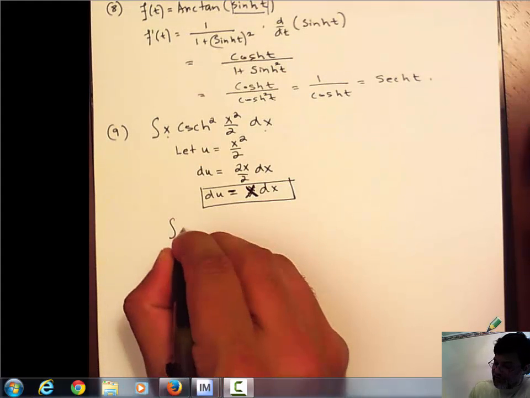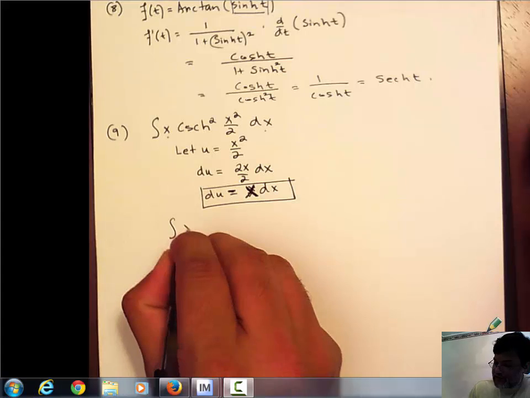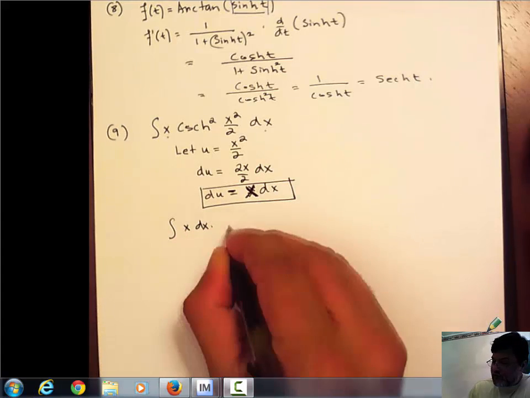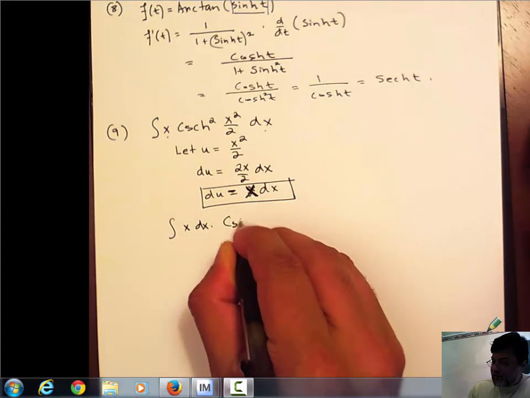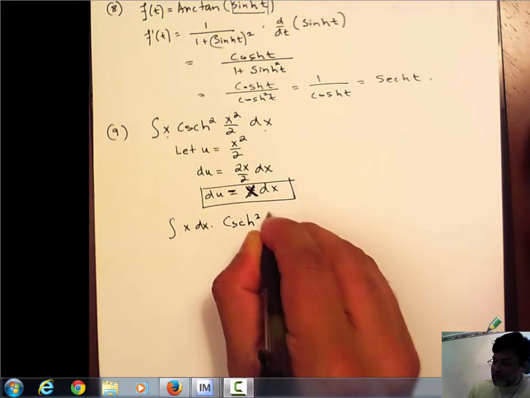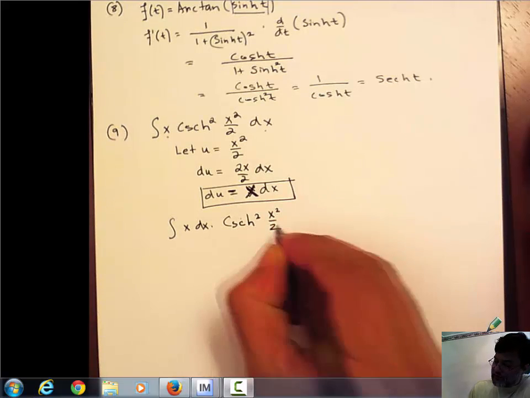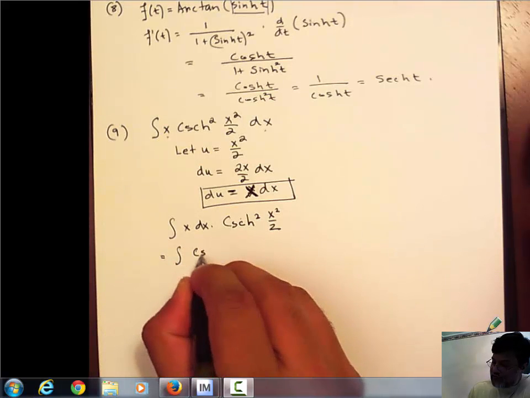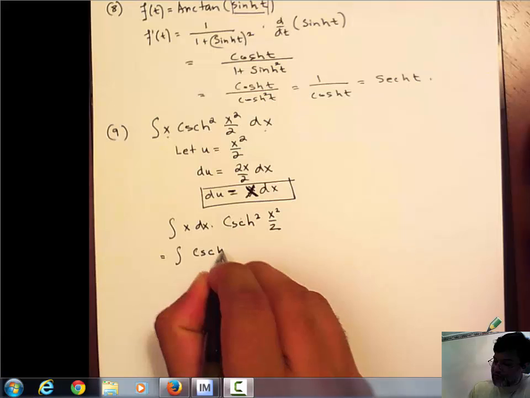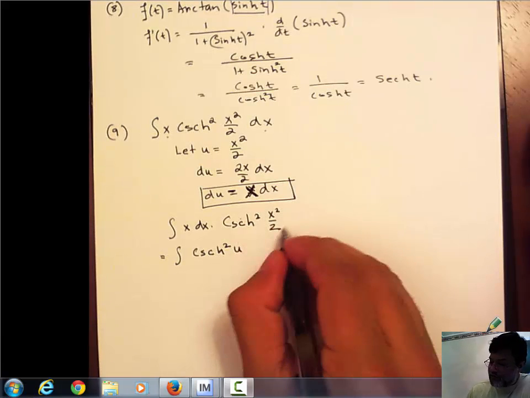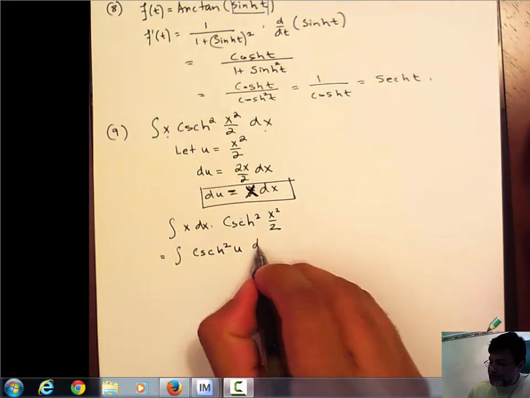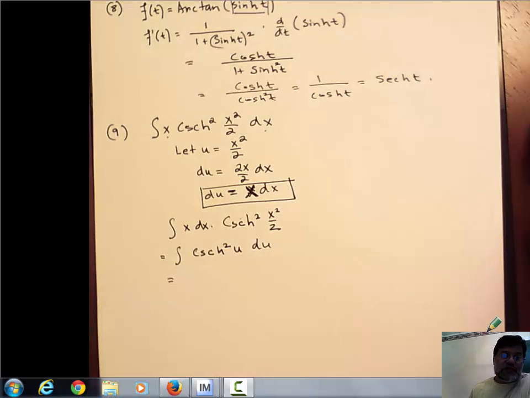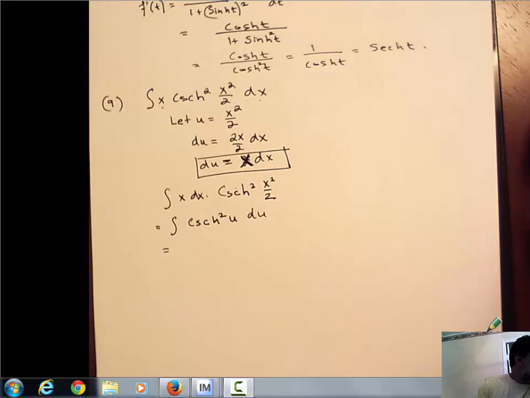So I can go ahead and write x dx together with cosecant hyperbolic squared of x squared over 2. So I can just write cosecant hyperbolic squared u du. The integration of cosecant hyperbolic squared u is negative cotangent hyperbolic u, is that right?